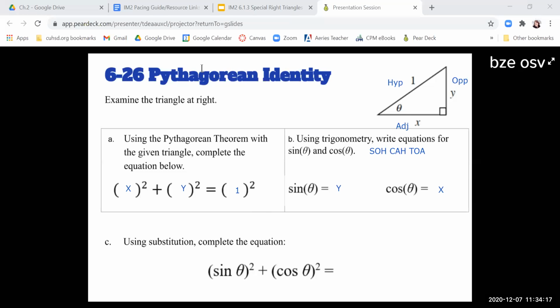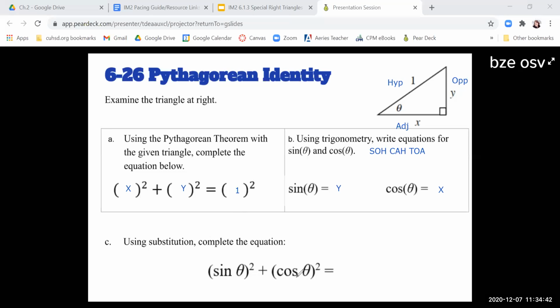All right, so now we're going to combine these two things together to come up with a pretty cool little rule. In part C, it says to use substitution and complete the equation. So let's look for the substitution that's happened here: sine theta squared plus cosine theta squared.